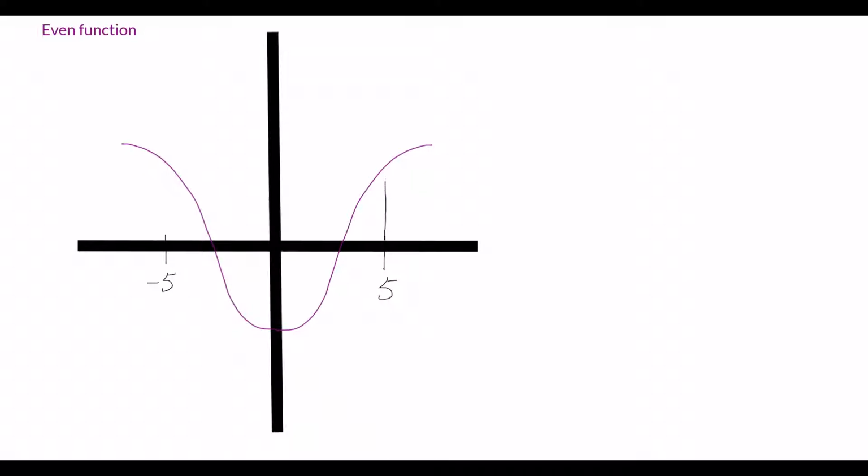If you trace to the graph, this is the point on the graph, and if we trace from here, this is the corresponding point on the graph where x equals -5. When we draw these two together, it should be a horizontal line, okay? It means these two points have the same y coordinates.